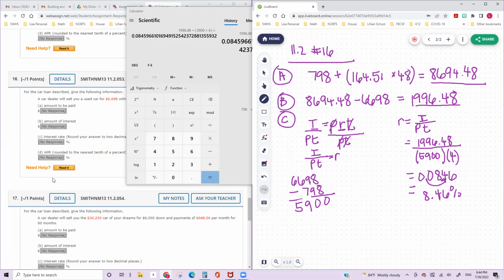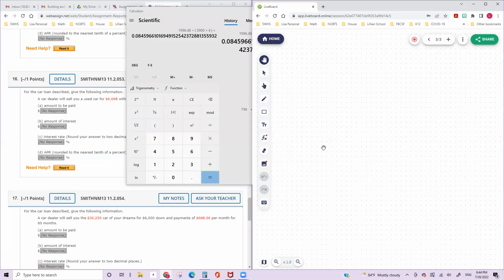All right, then we're going to look at part D, which is going to talk about the APR. Now I'm out of room here, so let me get another. So let's do that. So now we have a formula for APR. APR is equal to 2 times N, where capital N is the number of months, that's the number of payments, divided by N plus 1.